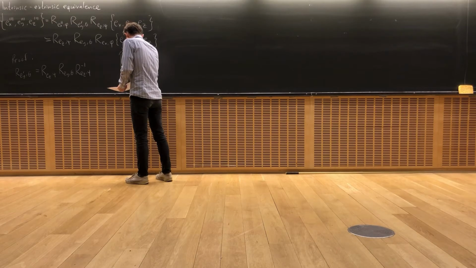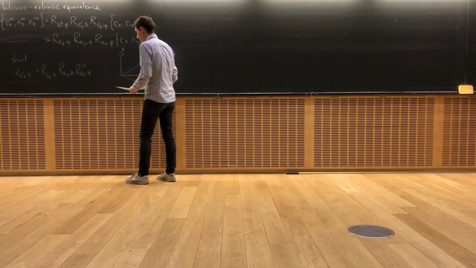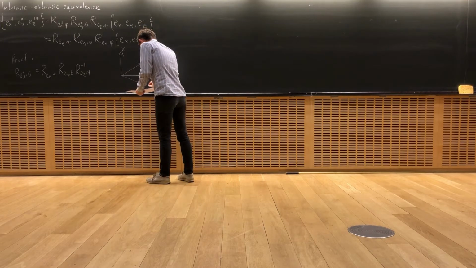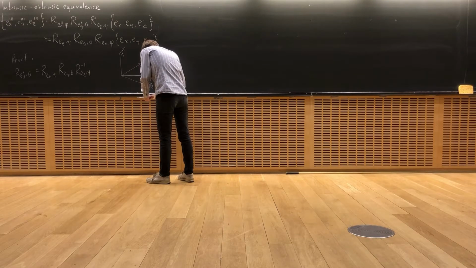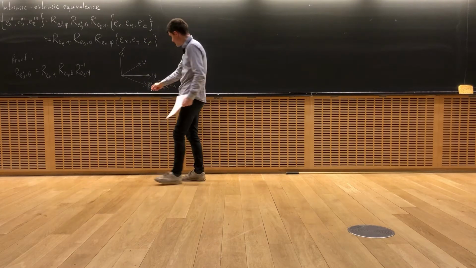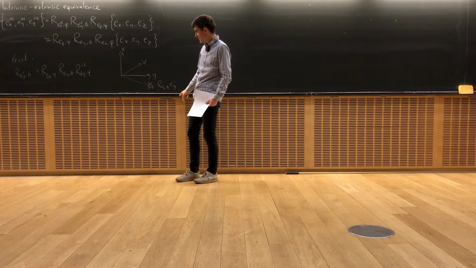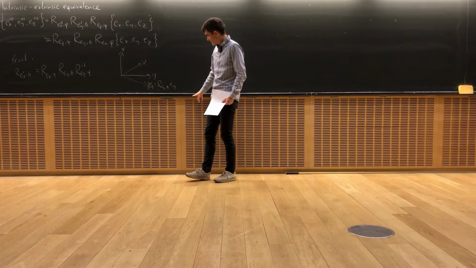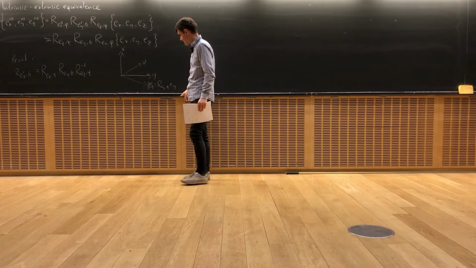So then my modified y-axis might end up here. The modified y-axis is equivalent to this rotation matrix times the original unit vector in y direction.